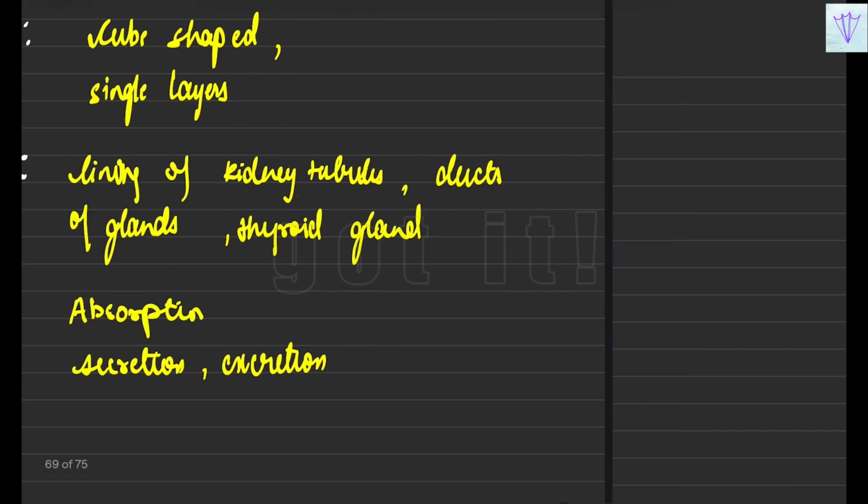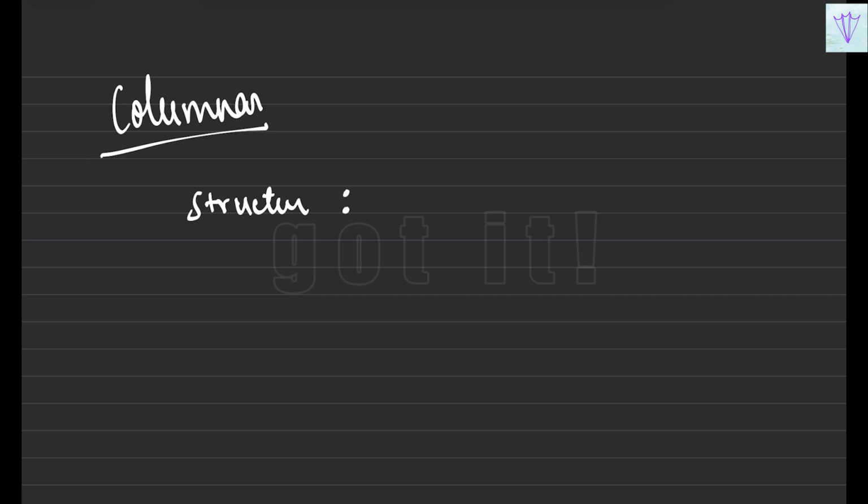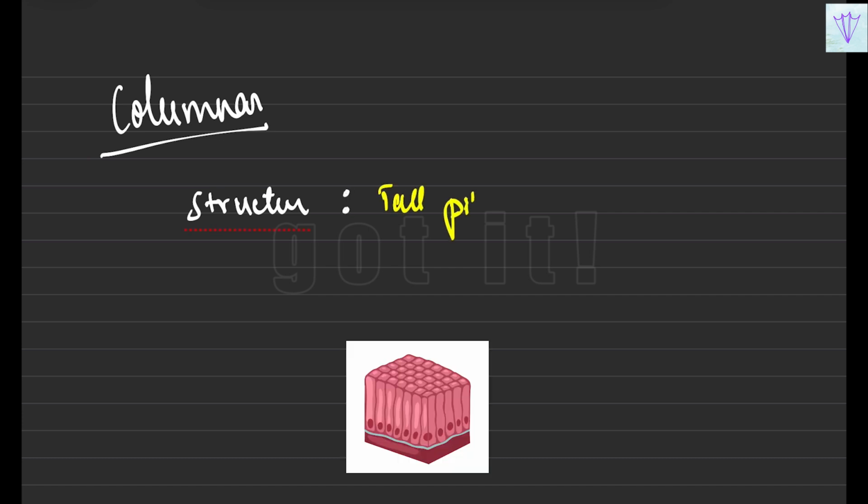So the next one is columnar. Structure: as the name says, tall pillar-like cells, and it is also single layered.